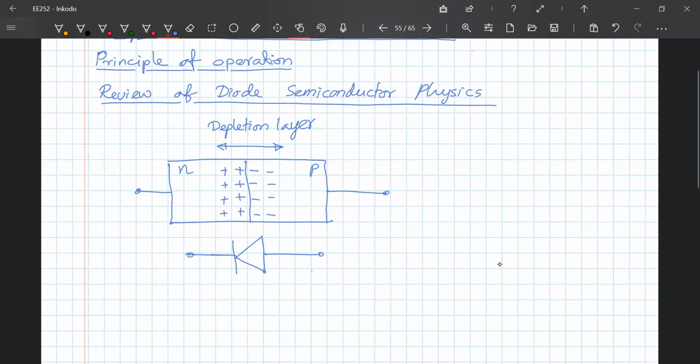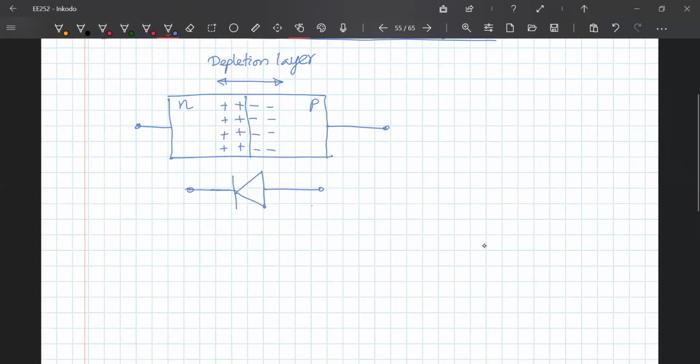Because there is an insulated section, the depletion layer, it doesn't provide support for any electric conduction, right? So therefore, it is highly non-conductive. That is why the diode, as it is, doesn't conduct any electricity. Now, let me give some notes before I continue.